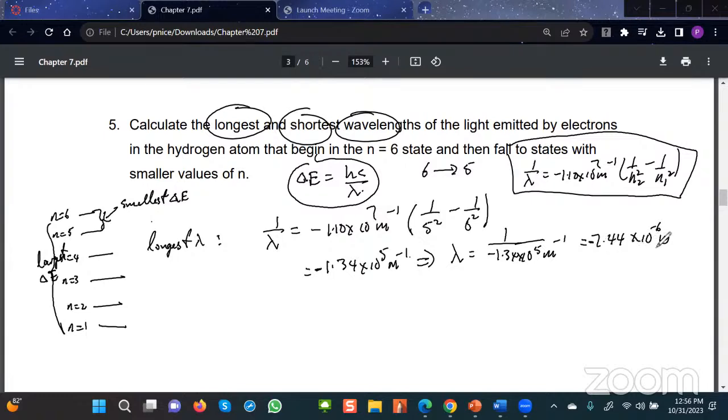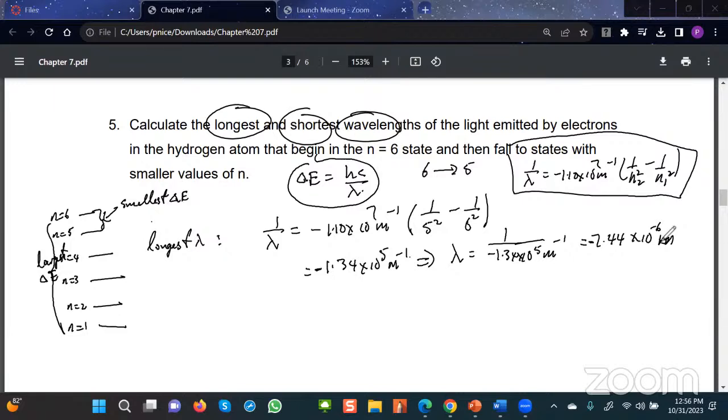Now, let me deal with the negative sign at this juncture. What's the significance of the negative sign? Well, firstly, we should recognize that there's no such thing as a negative wavelength, right? Remember, the definition of the wavelength is basically the distance between two successive peaks. So why do we have the negative sign there?